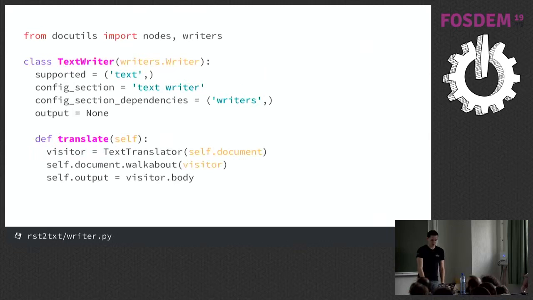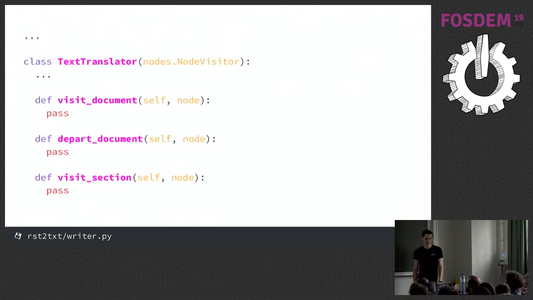For something a little more complicated, like that rst2text writer that I demonstrated earlier, they use translators. And all a translator is, is that it has a node visitor and a node departer. For each one of those, you determine what you want to do. If you're going to write one of these writers, it generally ends up being a state machine where you're just keeping track of where you are within the document and what the output format should be.